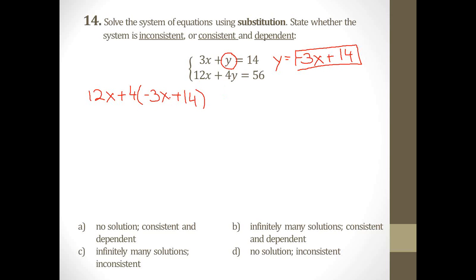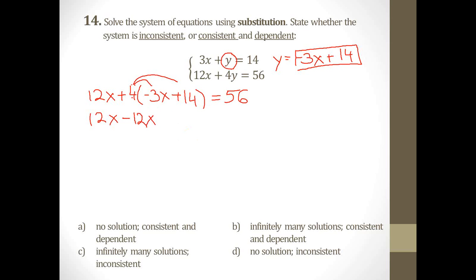So we plug this into the second equation for y, and we continue on our route to our destination, equals 56. So now we're solving for x using the distributive property to get rid of parentheses. So 12x, positive 4 times negative 3x is a negative 12x.